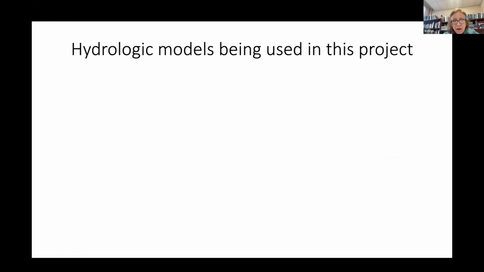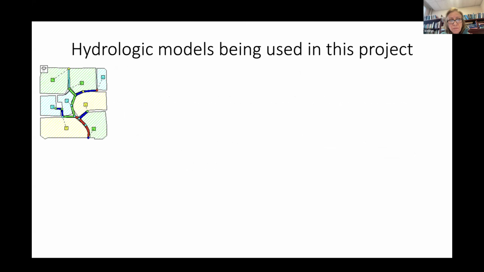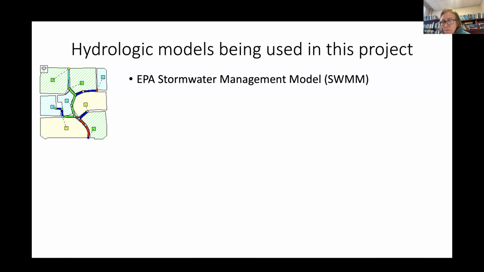So the hydrologic models being used in this project that we know about so far are as follows. These are terrestrial hydrologic models. You'll be hearing about atmospheric models from other folks. The first one is the EPA Stormwater Management Model. This has been around for about 50 years. It was first released in 1971.